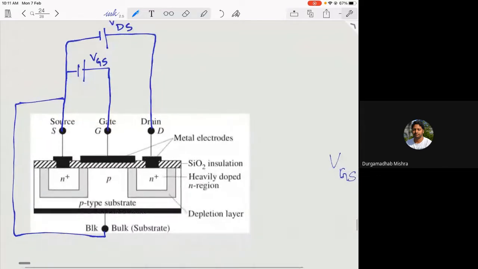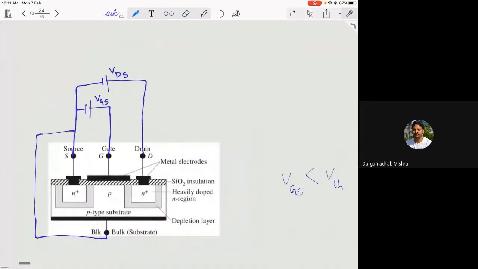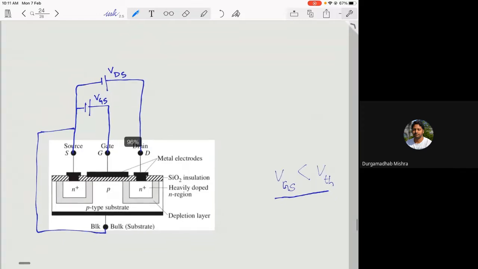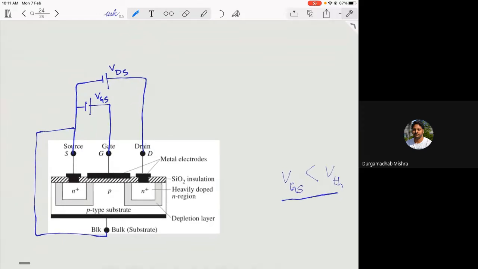So the first situation is that your VGS is less than the threshold voltage. Threshold voltage is a voltage which is normally fixed for a particular device, and when we say your gate voltage is below threshold voltage, this drain current ID will be equal to 0.